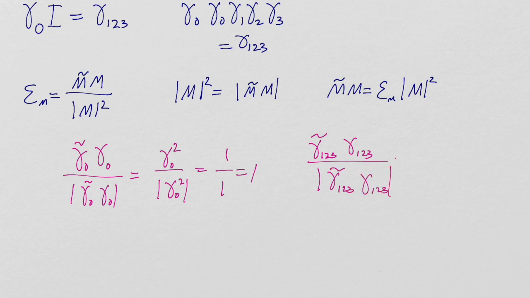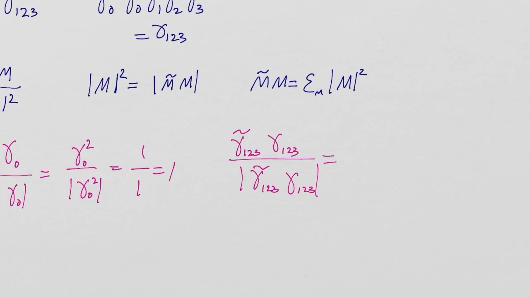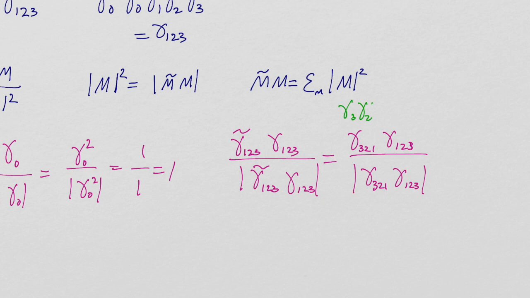Well, gamma 1, 2, 3 does have a reversion. It's going to be gamma 3, 2, 1 times gamma 1, 2, 3, right, over the magnitude of gamma 3, 2, 1, gamma 1, 2, 3, right? Gamma 3, 2, 1, this is beautiful, right? Because we expand that into gamma 3, gamma 2, gamma 1, gamma 1, gamma 2, gamma 3, and then we just start squaring things.